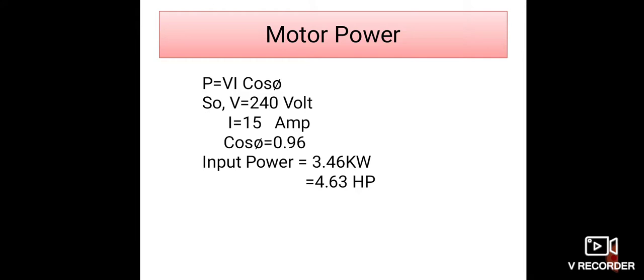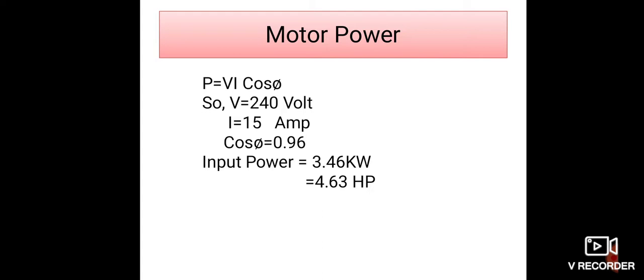If you studied it in the industrial motors subject, you will have seen this power factor. We will not discuss it in detail in this session. V is 240 volt, the current I is 15 ampere, and the power factor is 0.96.